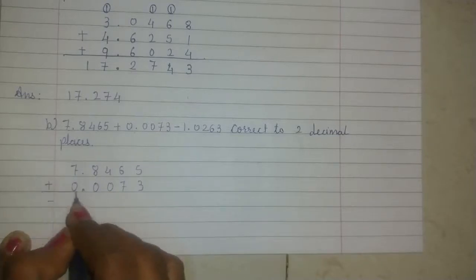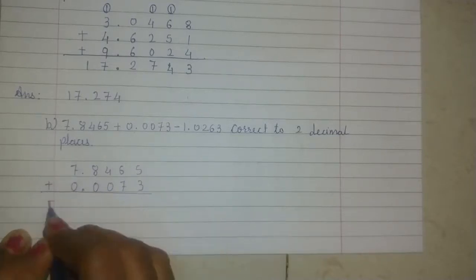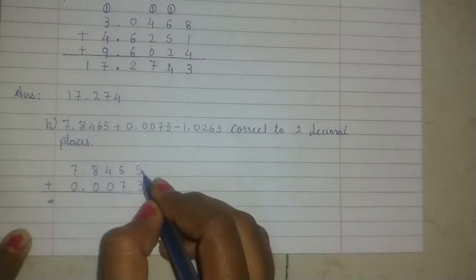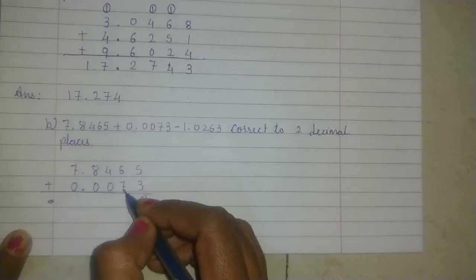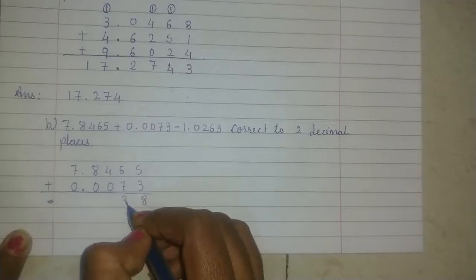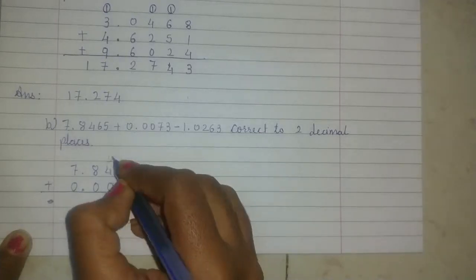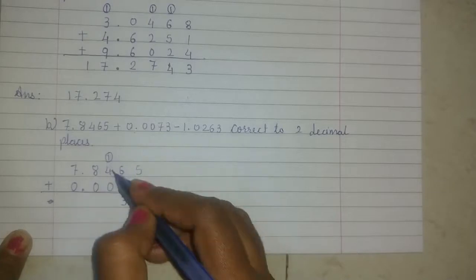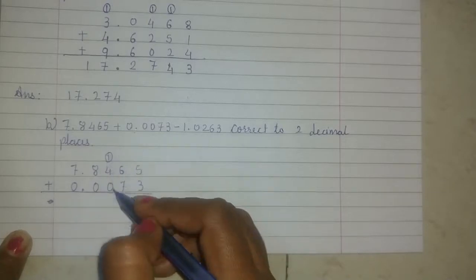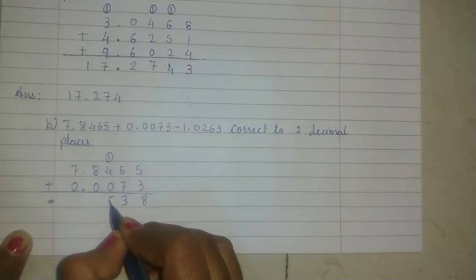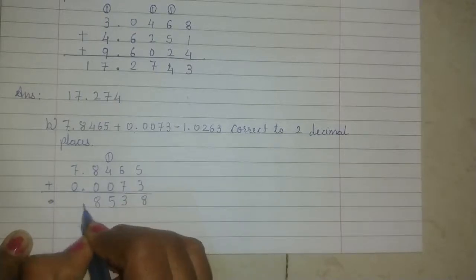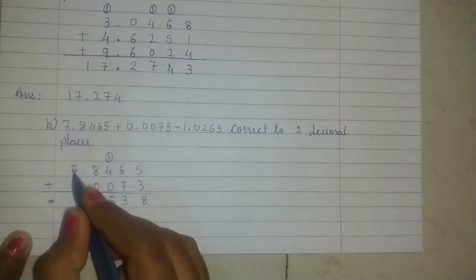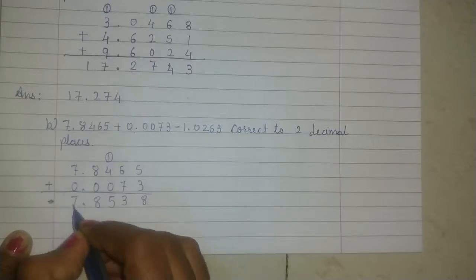Now let's add these numbers. So 5 plus 3, 8. 6 plus 7, 13. So we'll write 3 over here and carry over 1 here. 1 plus 4, 5. 5 plus 0, 5. 8 plus 0, 8. And here we'll keep the point and 7 plus 0, 7.